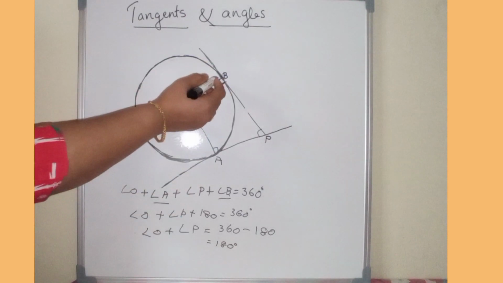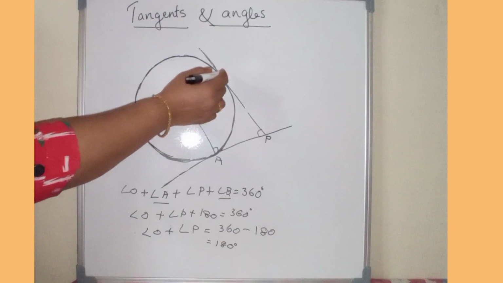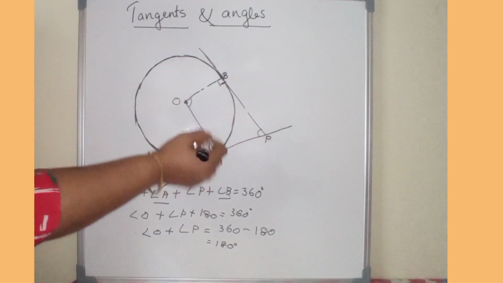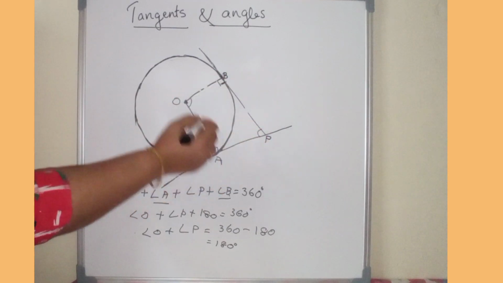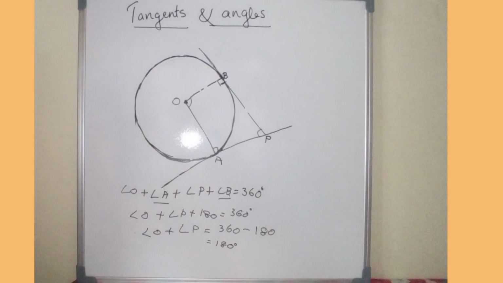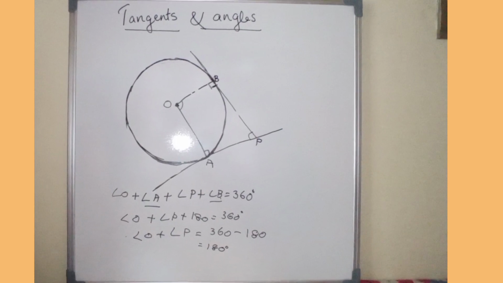That is, the radii through 2 points and the tangents through those points form a cyclic quadrilateral. We know that a cyclic quadrilateral means the sum of opposite angles is supplementary, right? If the sum of opposite angles is supplementary, it is called a cyclic quadrilateral.